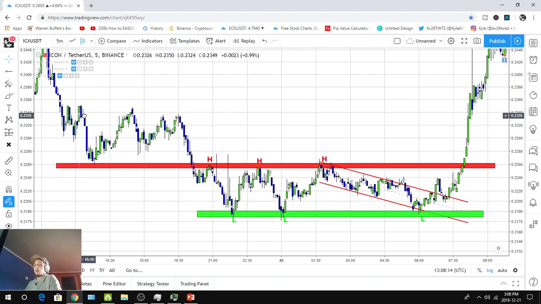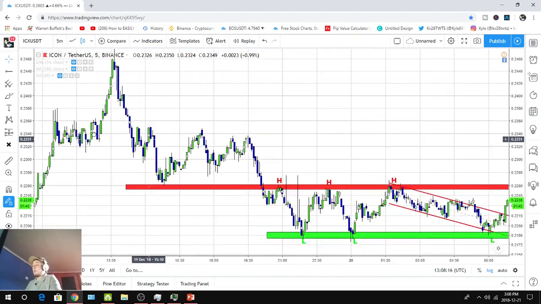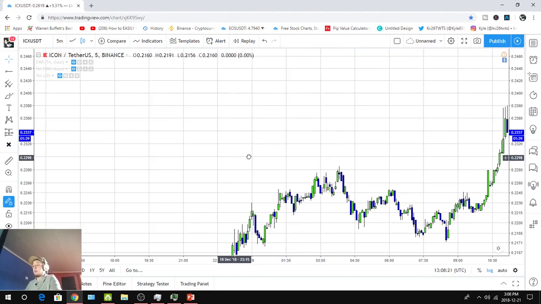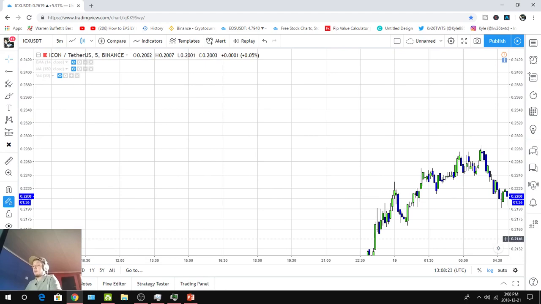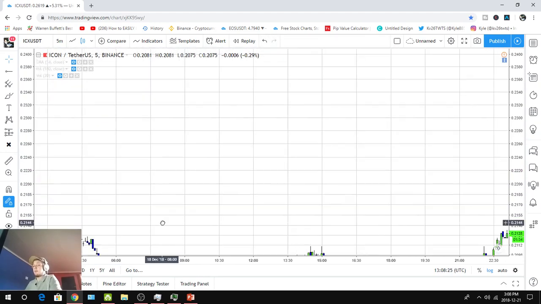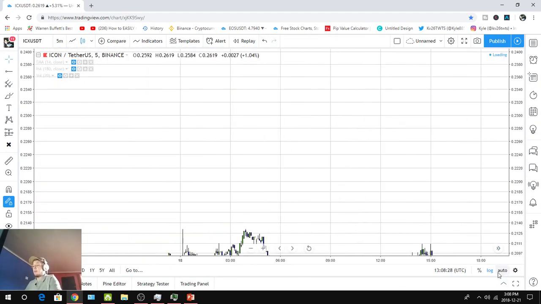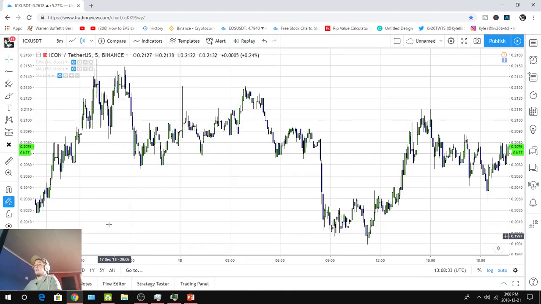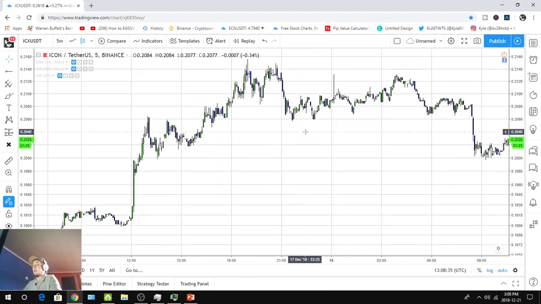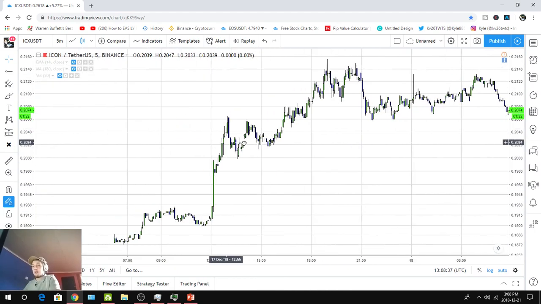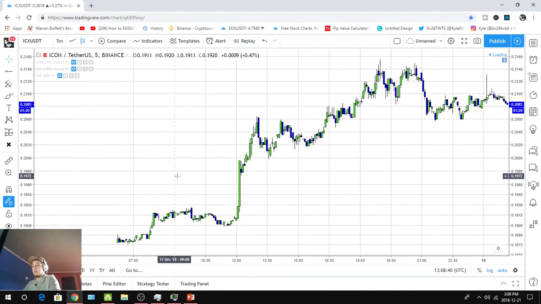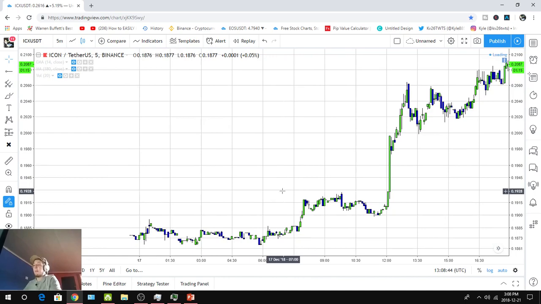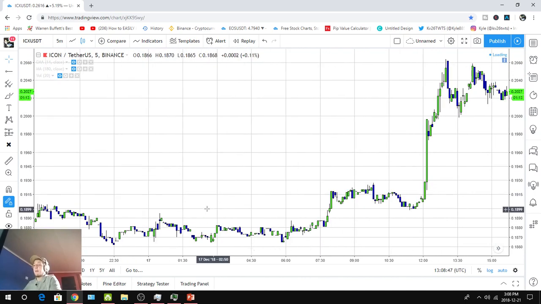Let's quickly do one more. We'll do more next node where the support and resistance is going to be. Let's do one more. Oh, I'm going to delete that one. Let's do that one.